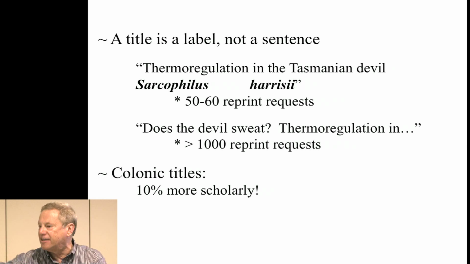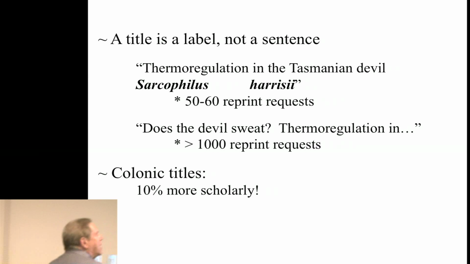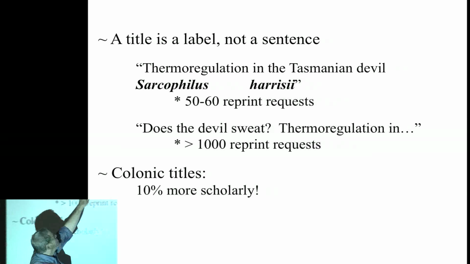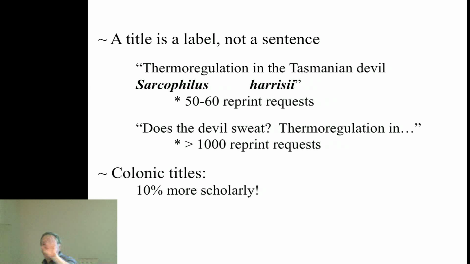They're a little like a wolf. Now, for years he published papers with titles like this: Thermoregulation in the Tasmanian Devil. And he would always get about 50 to 60 requests for reprints of the article.